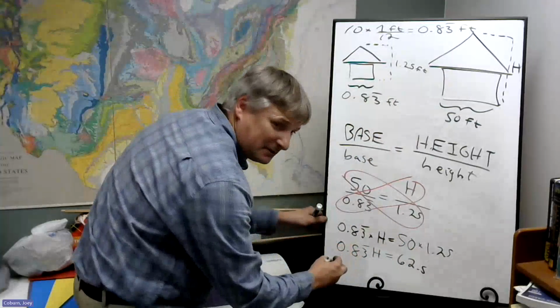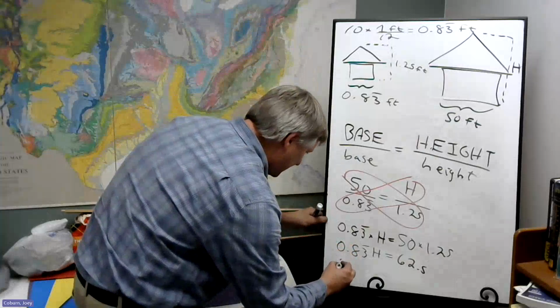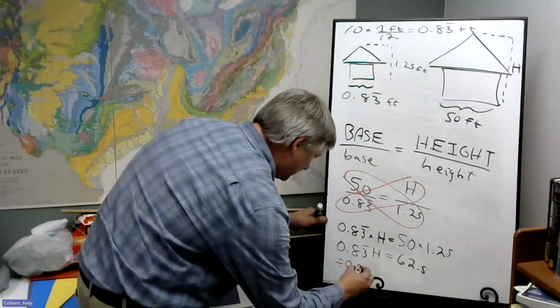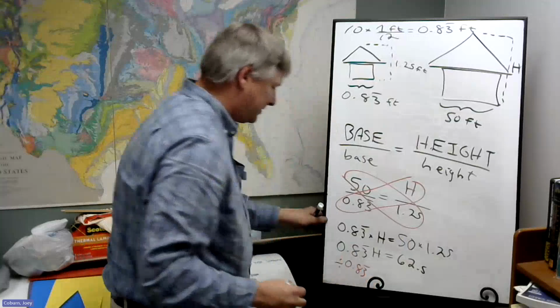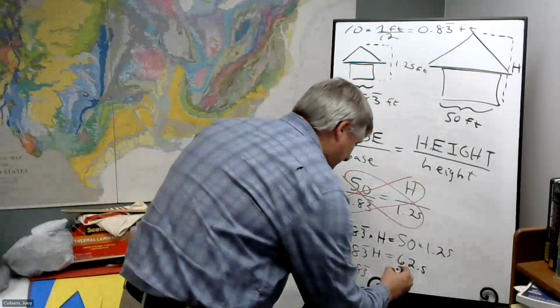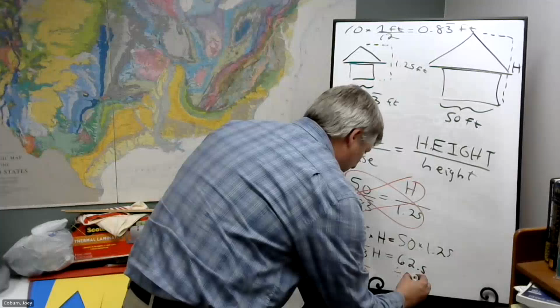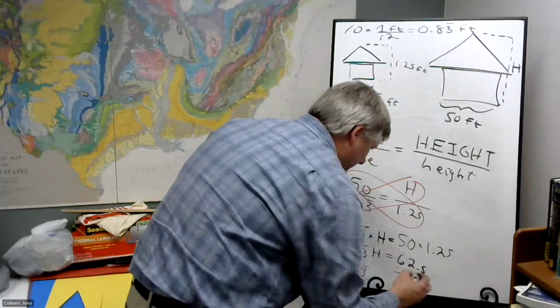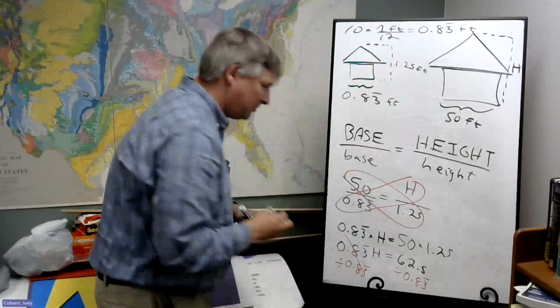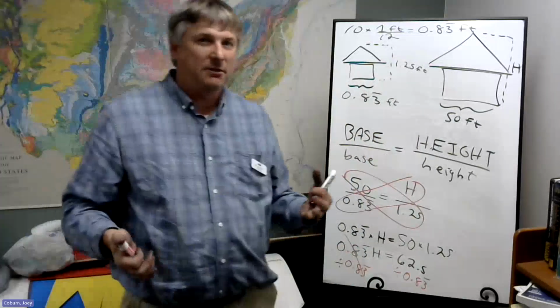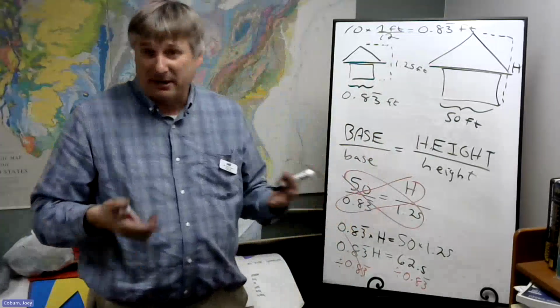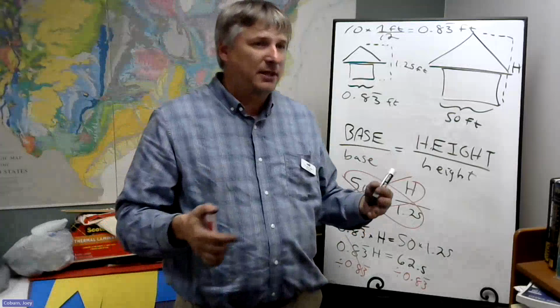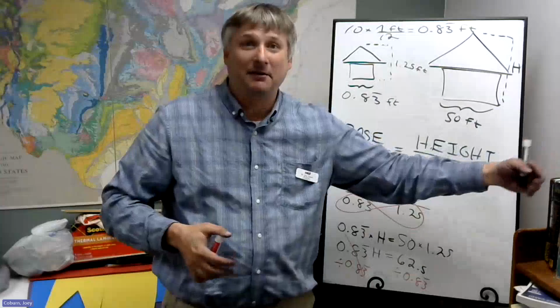So now we're going to need to divide both sides by 0.83 repeating, and this is where that calculation becomes tricky. What I usually do is, in my calculator, I'll type 0.8 and then as many threes as I can.